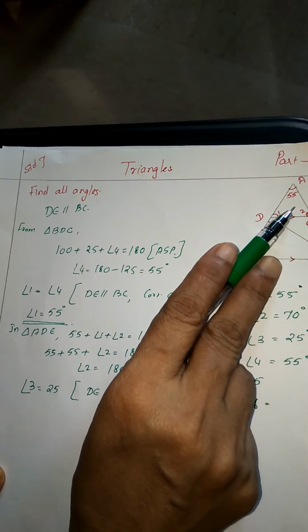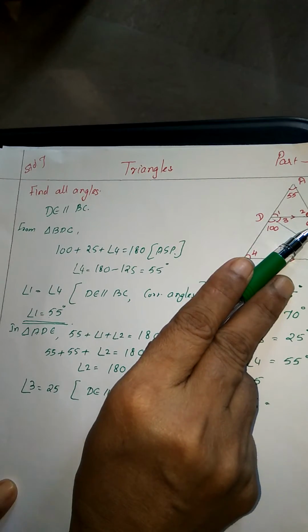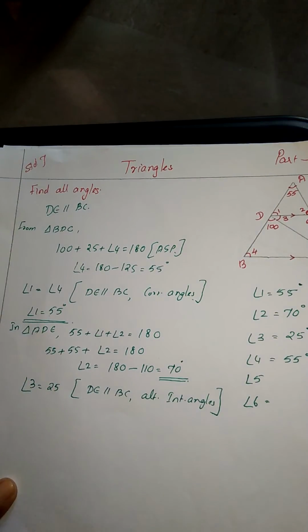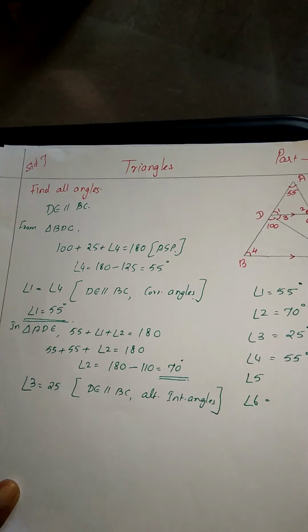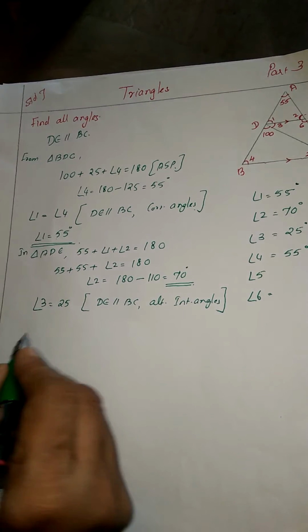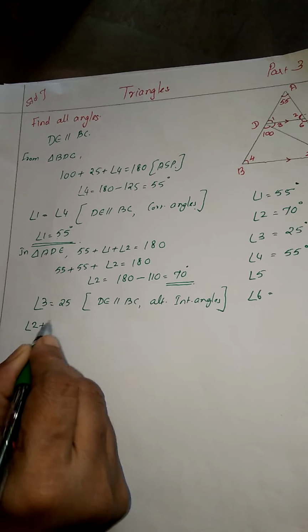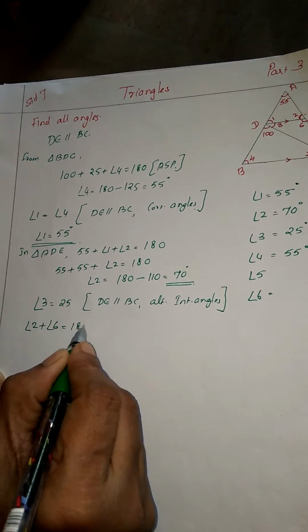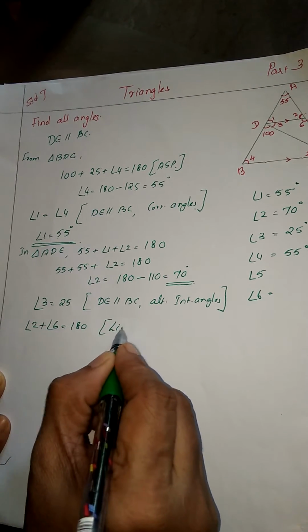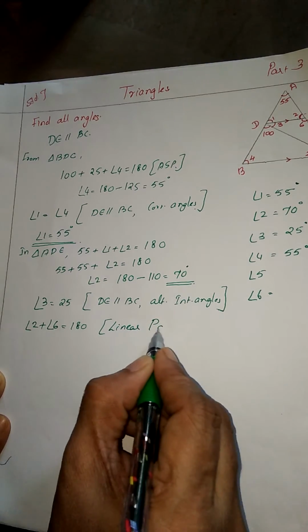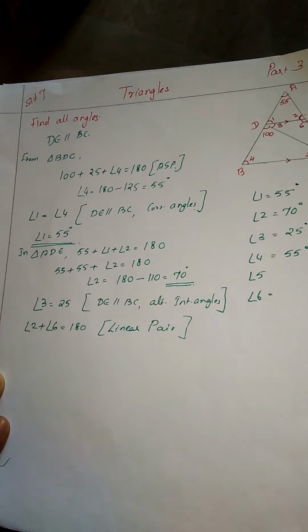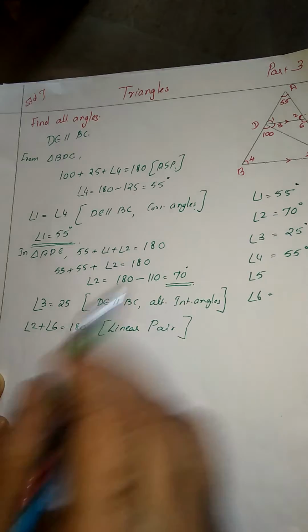Now if you see 2 and 6, they form a linear pair. So angle 2 plus angle 6 is equal to 180 degrees. That is linear pair. So angle 2 is 70 degrees.